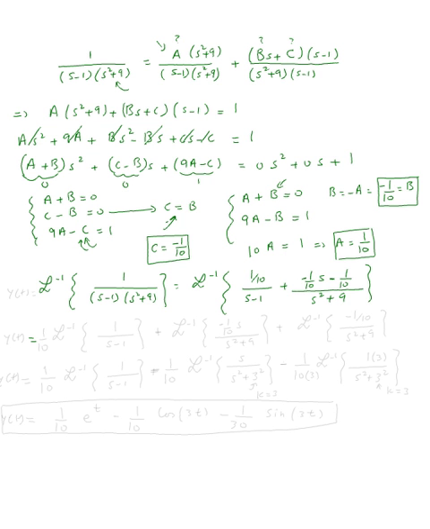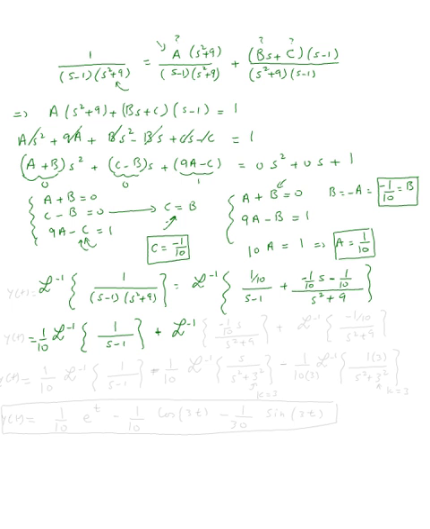So this is going to be equal, use linearity, Laplace inverse. Let's take 1 over 10 outside. 1 over 10 Laplace inverse of 1 over s minus 1, right, plus, well, minus actually. Let me do it in two steps.